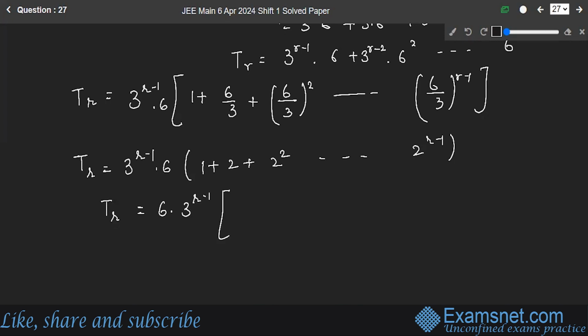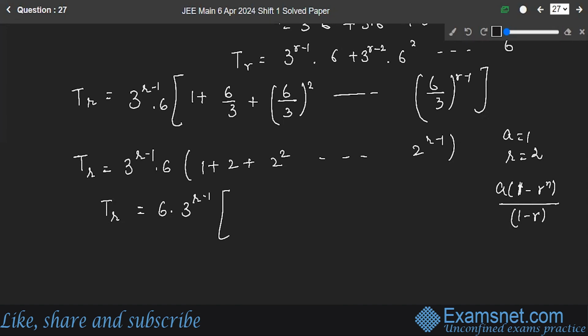This is a GP, geometric progression series, where the first term is equal to a and the common ratio is equal to 2. Right? The sum is given by a into 1 minus r raised to power n upon 1 minus r.